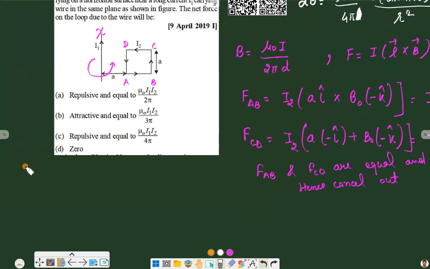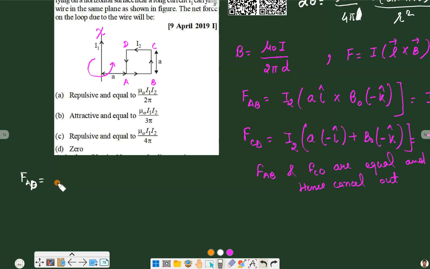So now force on AB. Oh sorry, not AB, AD. Now at AD, magnetic field is given by this formula, because here for AD distance stays the same, so we don't have to take any averaged out value. There will be a single value, and that is given by this formula.